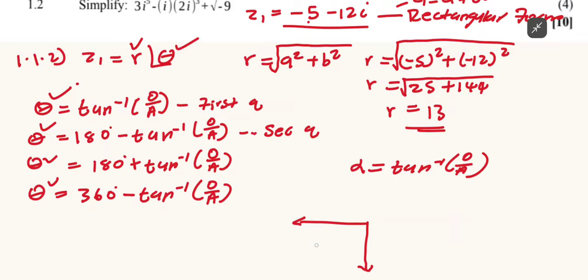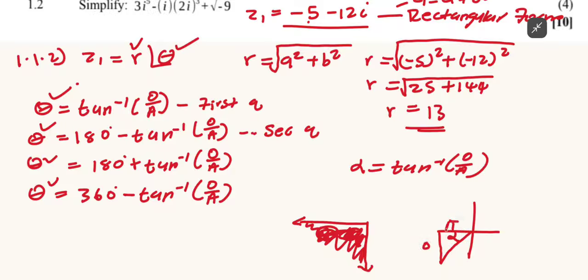So we are in this portion of the Cartesian plane, which means our diagram will lie in this quadrant. Here we'll have our alpha, with opposite and adjacent.